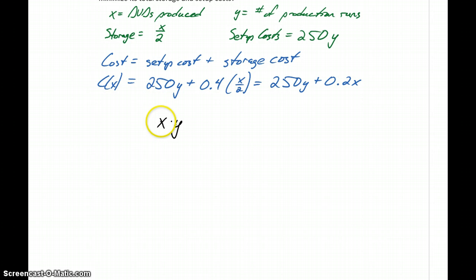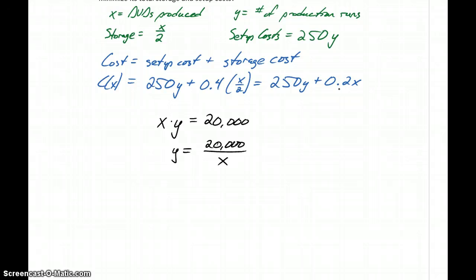So however many DVDs we produce in each run times the number of runs gives us our total DVDs produced, and in this case we need to meet a demand of 20,000 DVDs. So solving this for Y, we get Y equals 20,000 over X. So we'll be able to use this to rewrite our cost function.